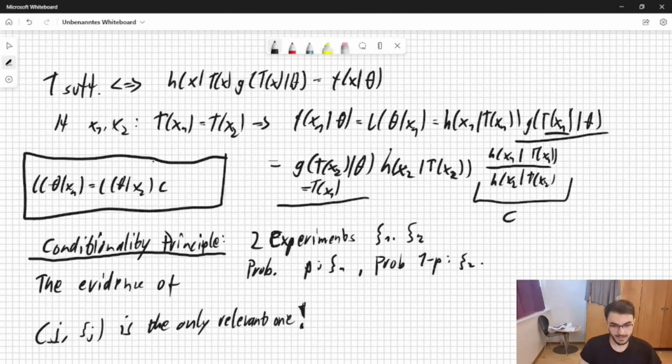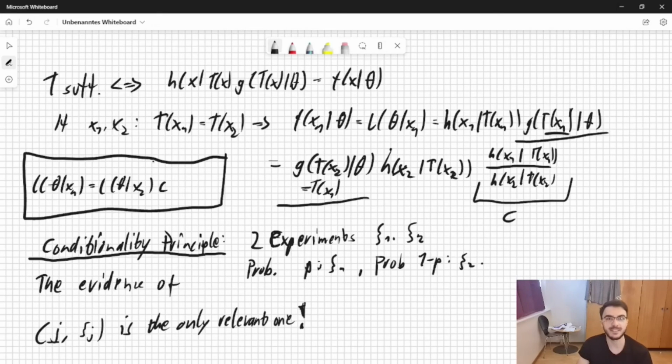And this is very important, although very obvious. It doesn't matter that there was a probability of p, even if it's really high. If there's a 95% probability that I would have gotten the first experiment, I got the other one.